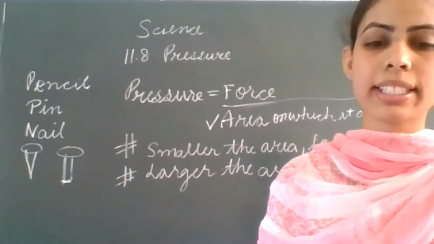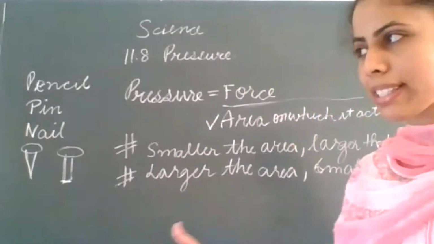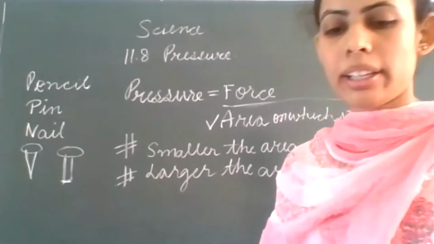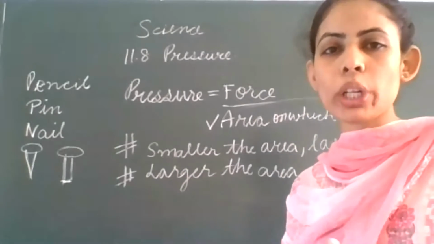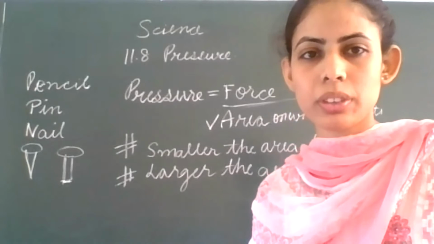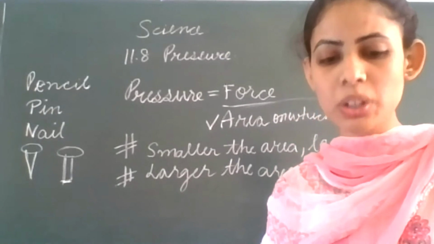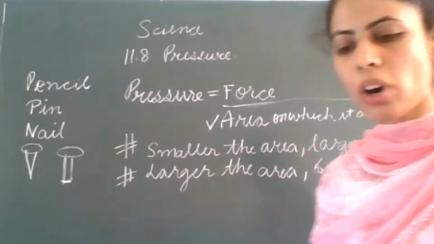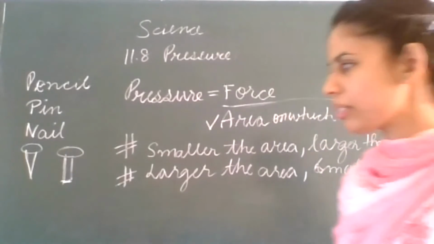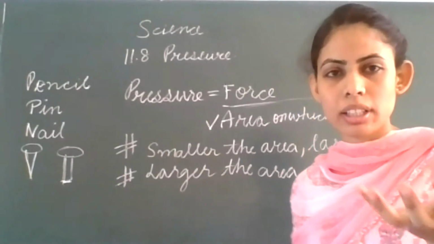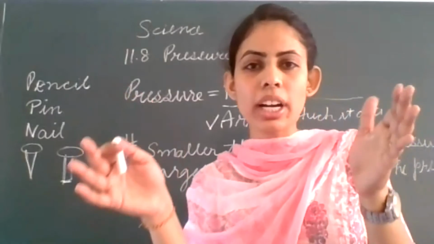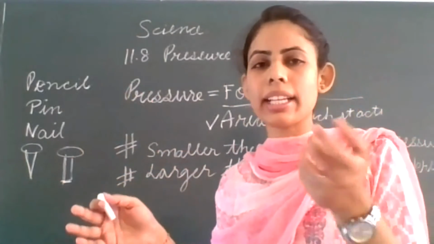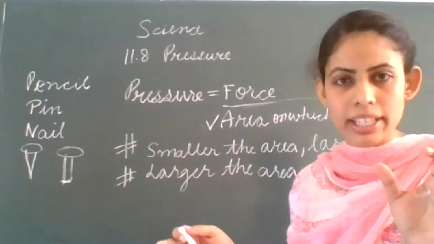Now next, similarly, I will give you so many examples of this so that this concept is more clear to you. Next is, you all have seen trucks. The tires of trucks are made broader, rather than in cycles, which have thin tires.